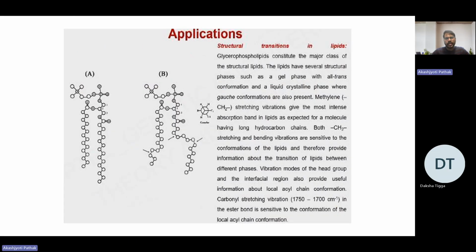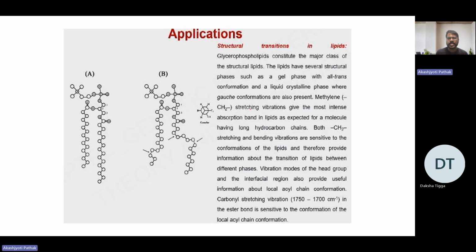IR spectroscopy can also be utilized for studying the structural transitions in lipids: glycerolipids, glycerophospholipids, phosphatidylcholine, phosphatidylethanolamine. All these are glycerophospholipids, isn't it? They constitute the major class of structural lipids, and these lipids have structural phases: the gel phase with all trans conformation, and the liquid crystalline phase where gauche conformations are also present.